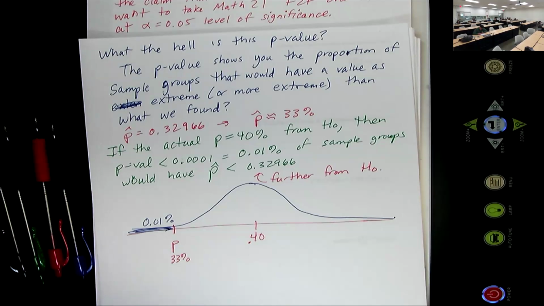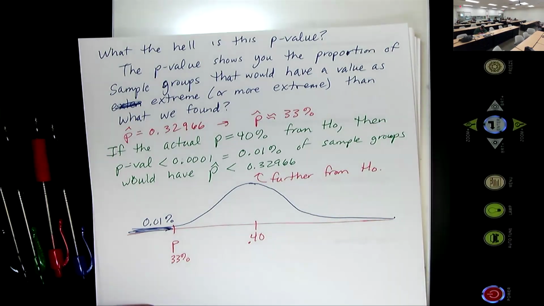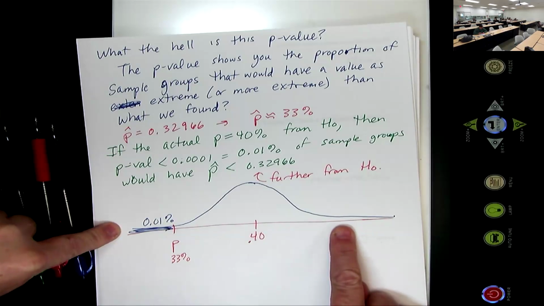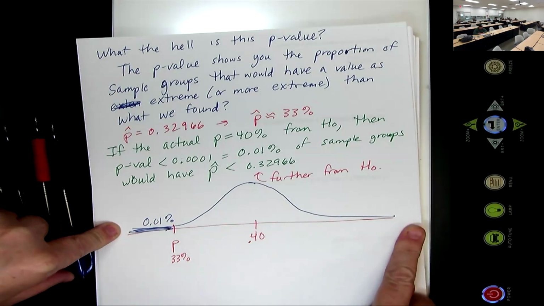Sometimes it's going the other way. In this case, it would be lower. If we ended up having like 47 or 48%, then it would be higher.